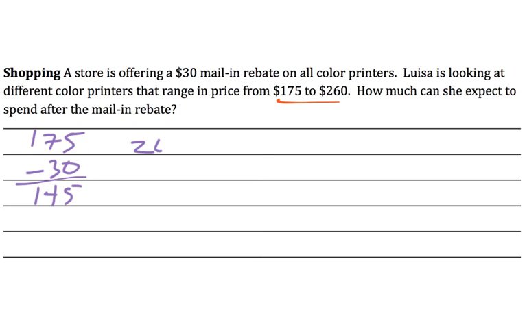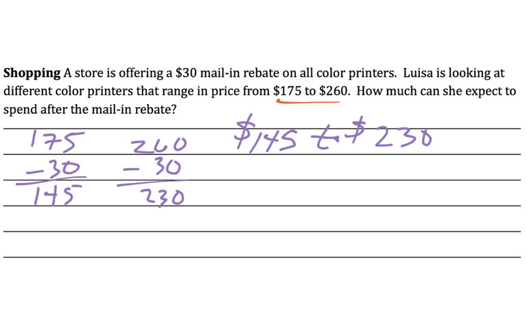And similarly, for $260, she's going to get $30 back, so she really spent $230. So how much can she expect to spend? We'll write 145 to 230. You can either put a dollar sign here and there, or write the word dollars after that. And that's so much easier than complicating it by setting up an equation.